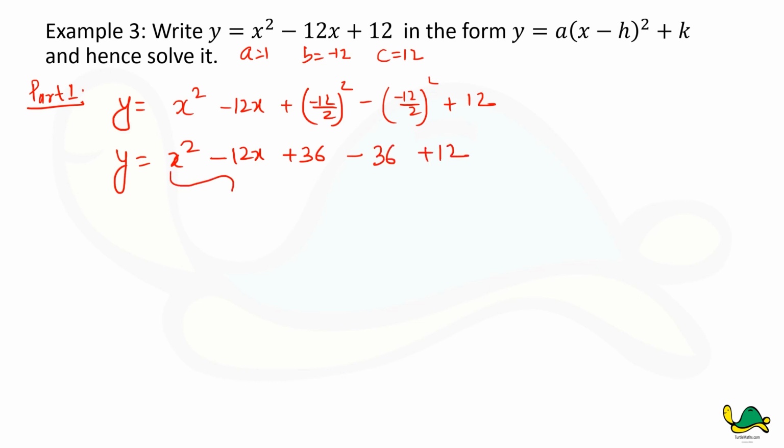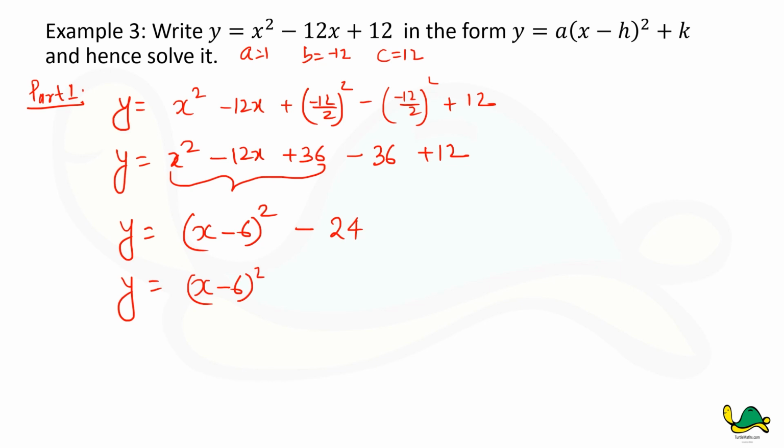Now this thing over here is y is equal to x minus 6 whole square, and minus 36 plus 12 is negative 24. So y is equal to x minus 6 whole square minus 24. This is our vertex form.